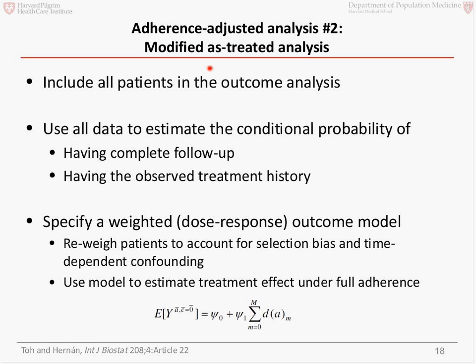We went through the same process of creating a weight to adjust for loss to follow-up, because this analysis still requires patients to have a 1-year complete follow-up to be analyzed. And we also fit another weight model that basically models the observed treatment history, and then we weight patients by the inverse of this estimated probability.